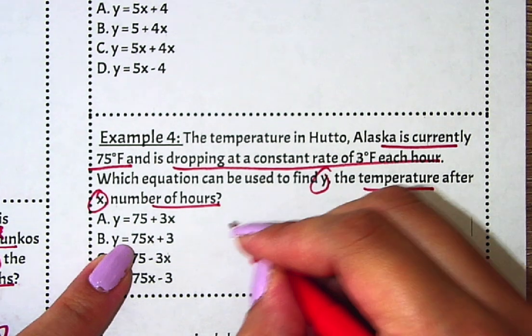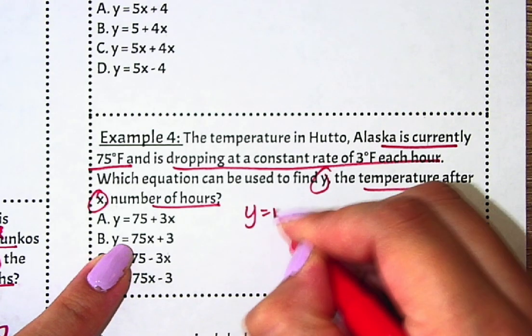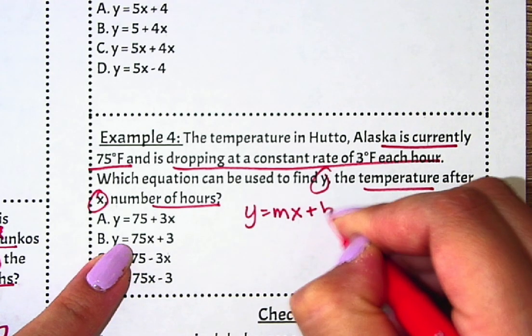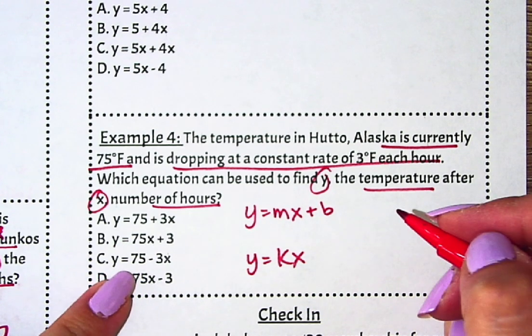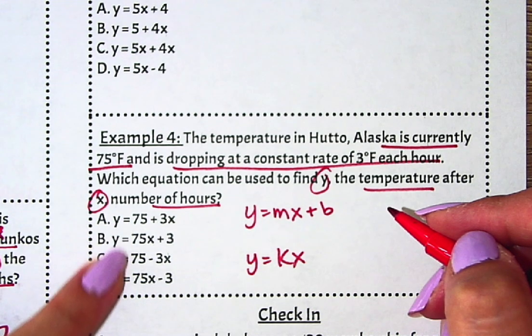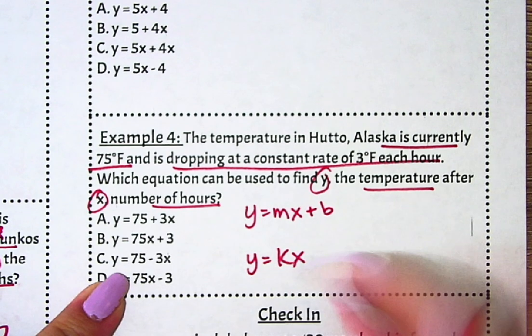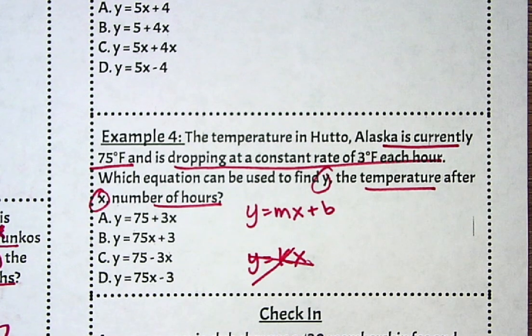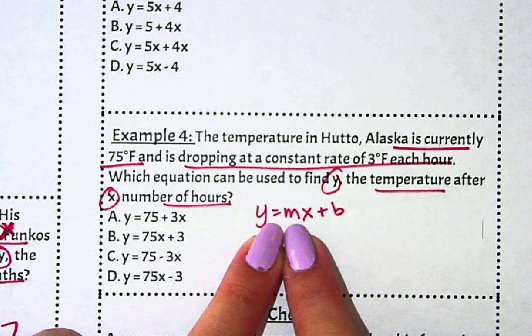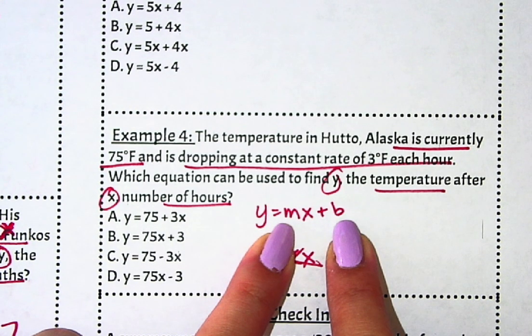So again, when I write my equations to see which one it is, I'm going to look at my answer choices right here. It's already telling me that I'm going to use my slope-intercept form. So I'm going to put an x on my y equals kx. That means I'm looking for my slope and I'm looking for my b.